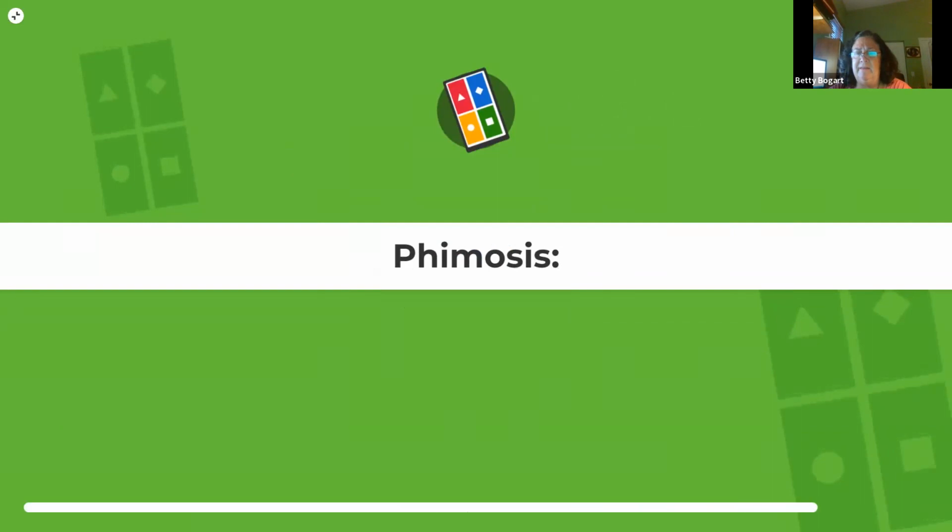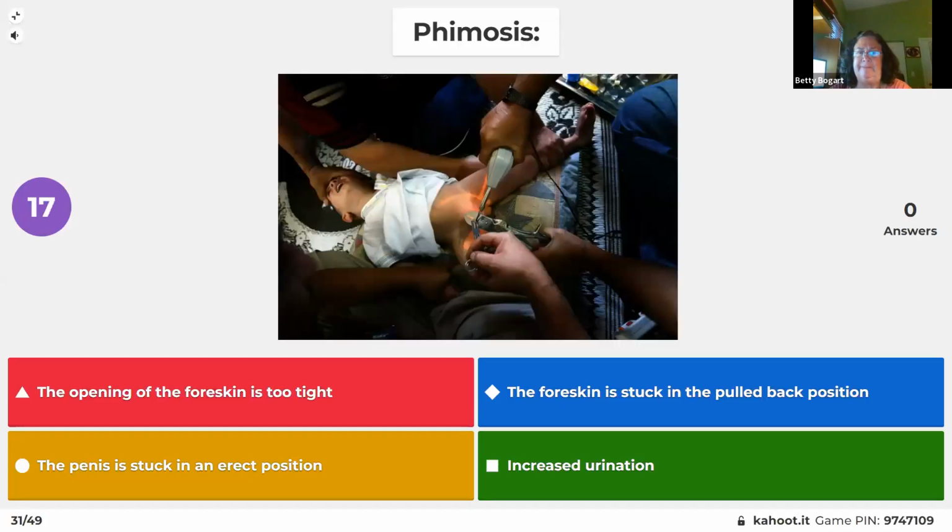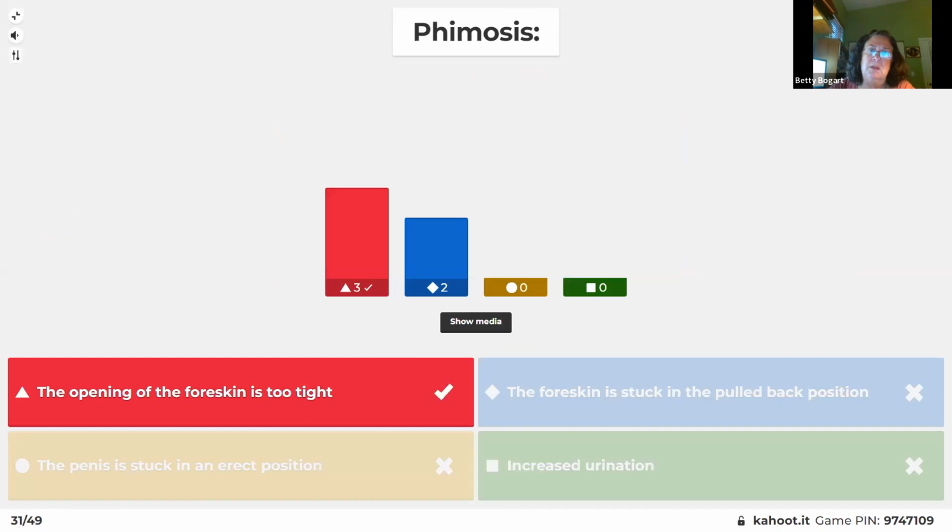Phimosis, what is that? So phimosis is when the foreskin is too tight and you can't pull it back.